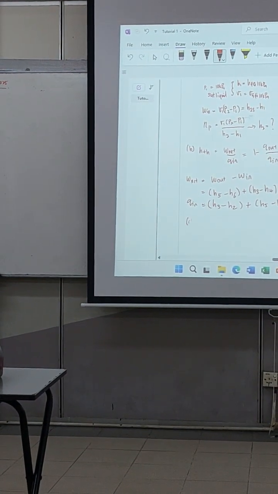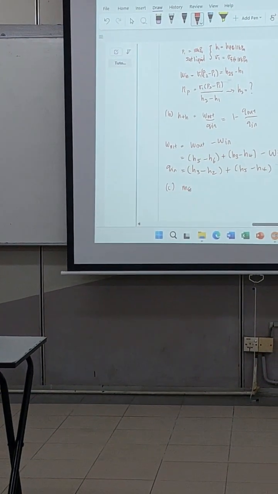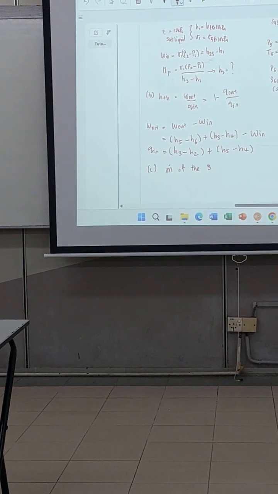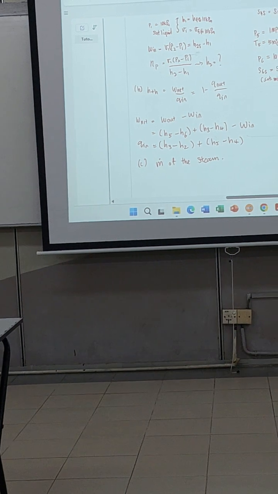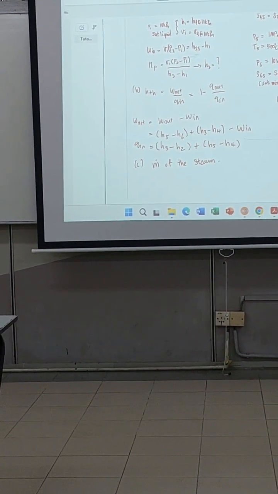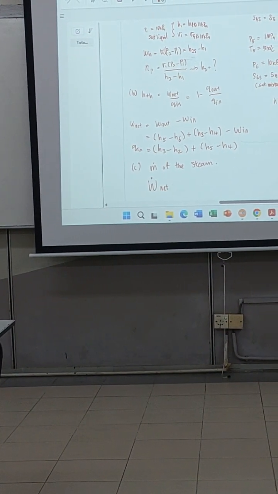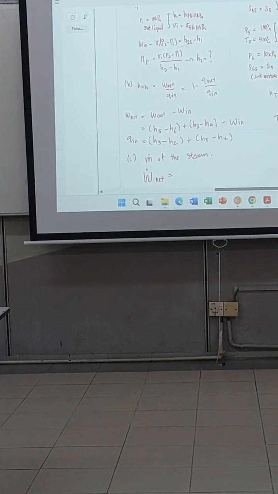Okay, then C. So for C, you need to find the mass flow rate of the steam. So the only piece of information that we have that is related to mass flow rate is the net power output. So we know that the net power output is 80 megawatt.